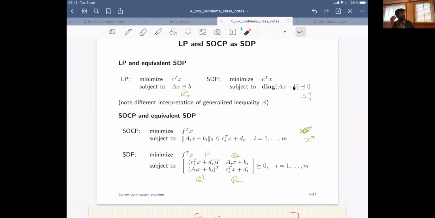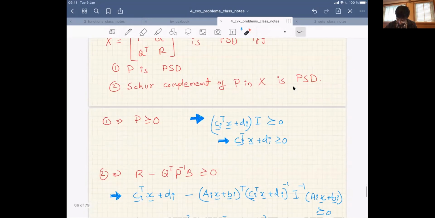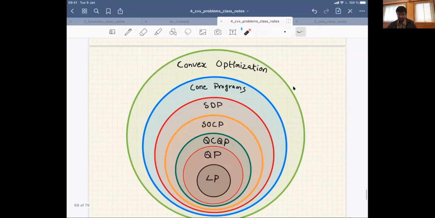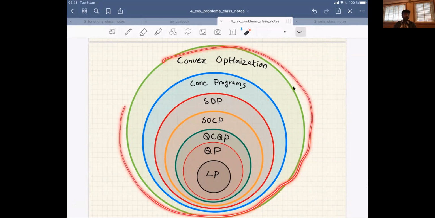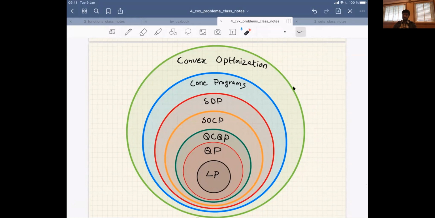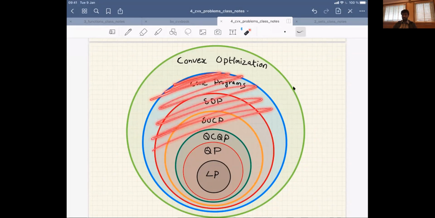So now SDP is the mother of all the problems that we saw here. Let's now visualize whatever we studied so far. First we have LP, QP, QCQP, SOCP, then SDP. Now everything comes under a framework called cone programs. This is the whole field of convex optimization, where cone programming is a well studied area.